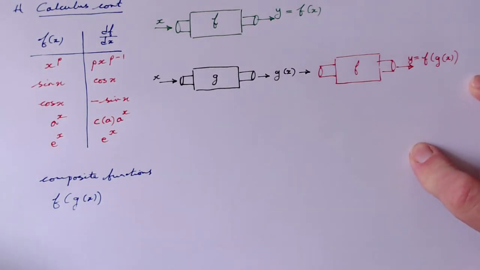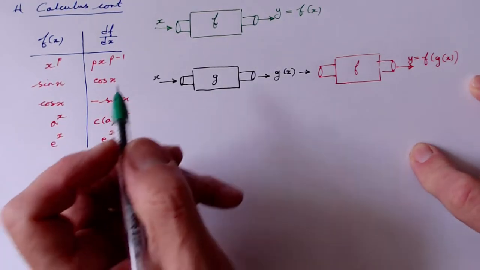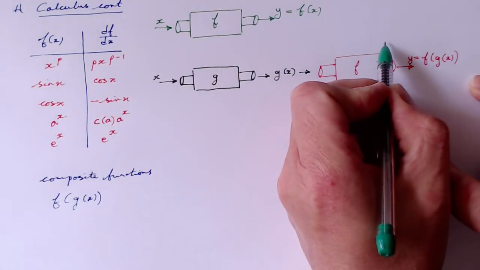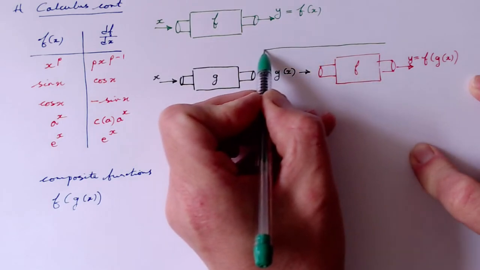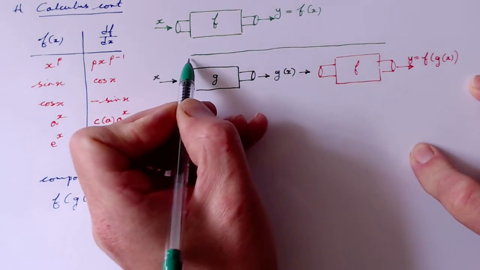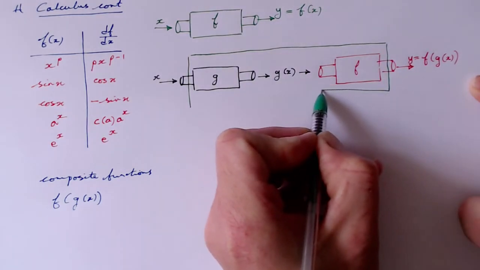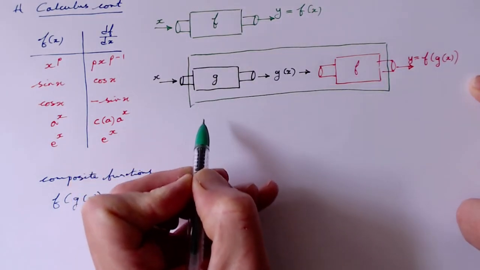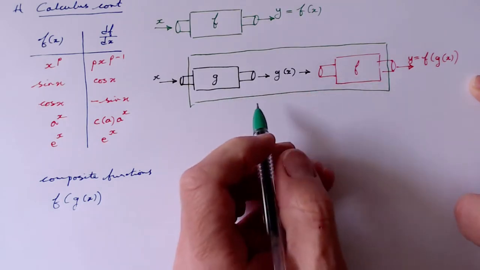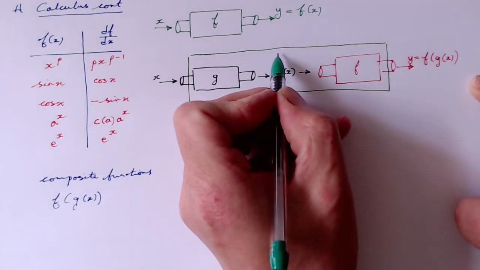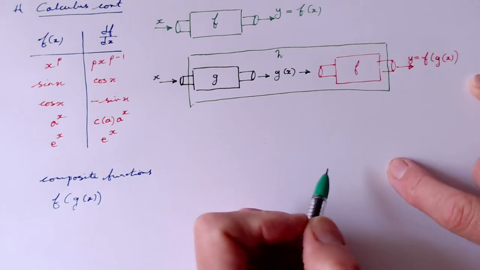Now at the same time though, we could just put a great big box around these machines. Okay? And you might not know what's going on inside this big box, and this big box might simply have the label H on it.